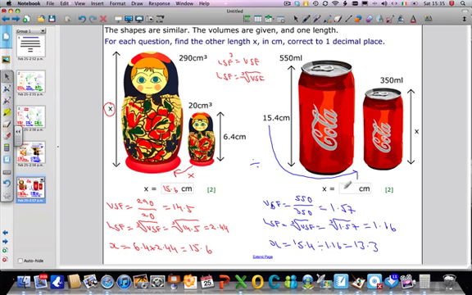So x is going to be 13.3 centimeters, and that is how you solve problems involving similarity with areas and volumes.